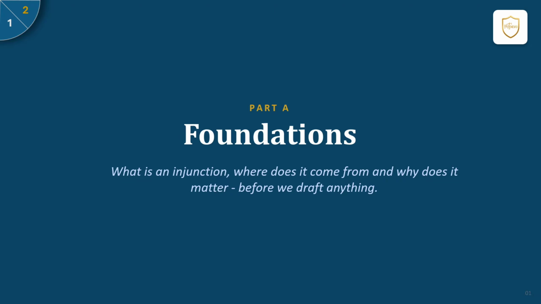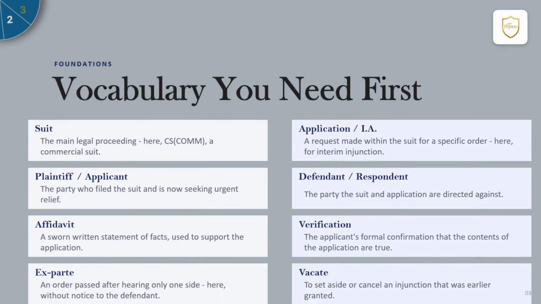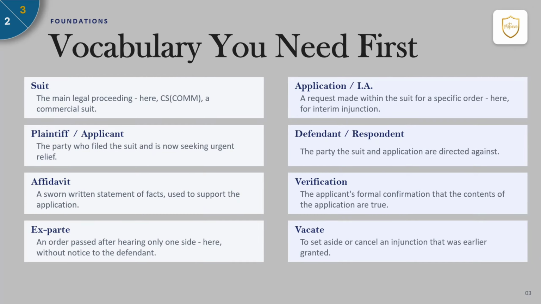Okay, so these are the 8 words. If you are new to litigation, these words alone will unlock most of what confuses students about the interim application. A suit is the main legal proceeding.